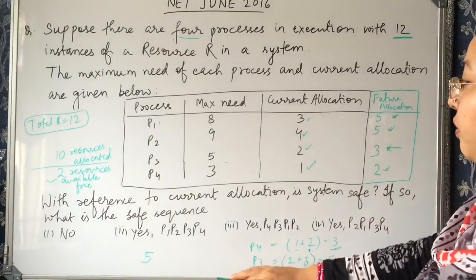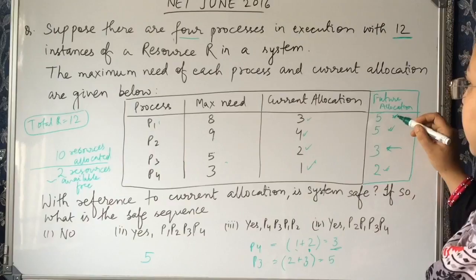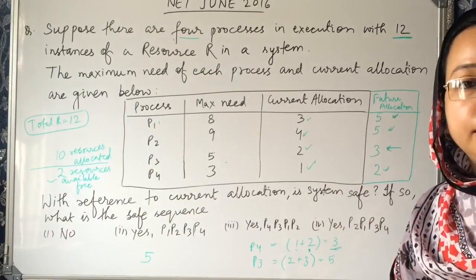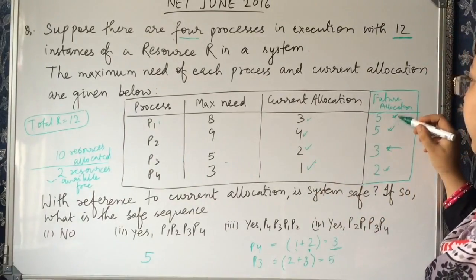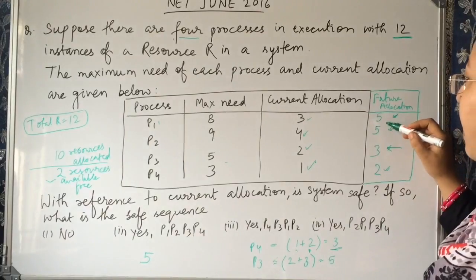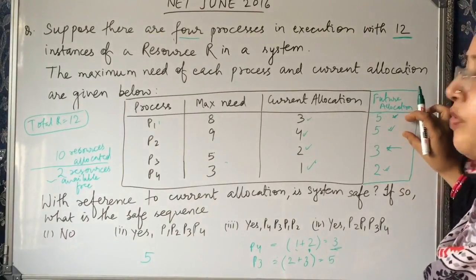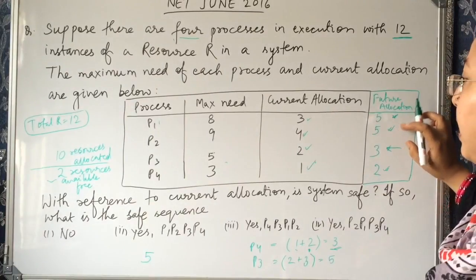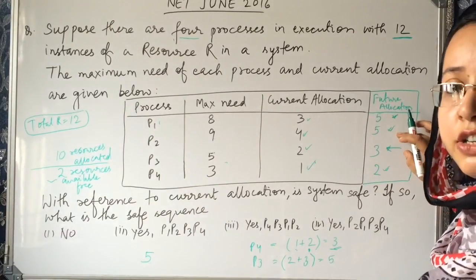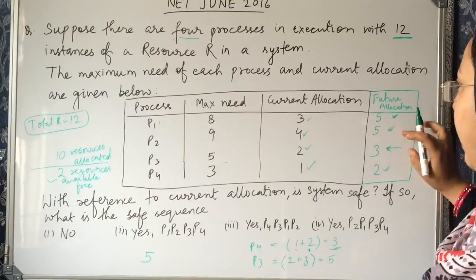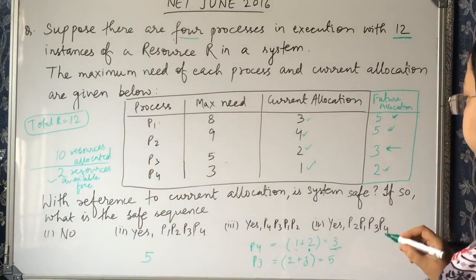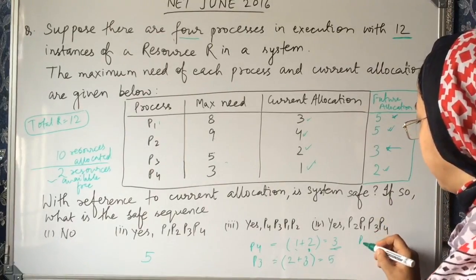With 5 resources, since the future allocation of both P1 and P2 is 5, we can execute either P2 first or P1 first. Let's take P2.